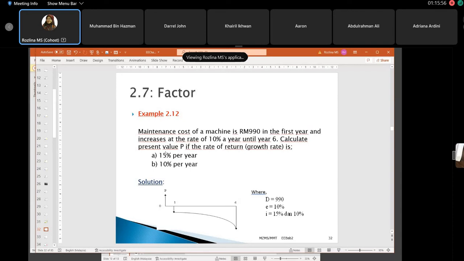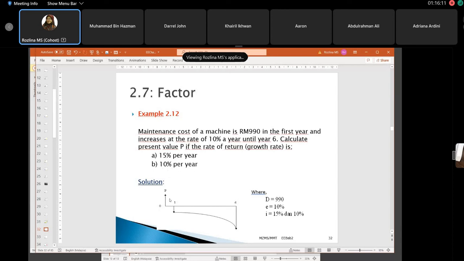Calculate the present value P if the rate of return or growth rate here is 15% per year. So I is 15% per year, and E is 10% per year.